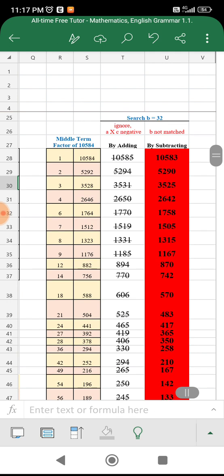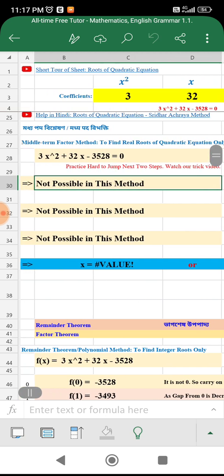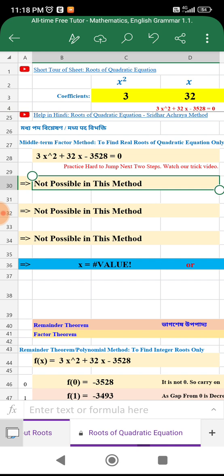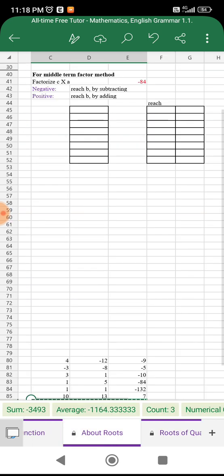So how can I understand in the exam hall, with short time, whether this method is possible or not, and if it is possible, what is the answer? Okay, we'll see this in our trick video.